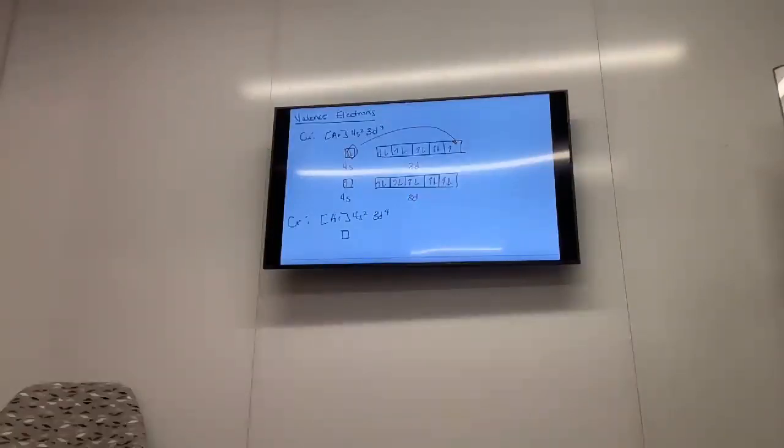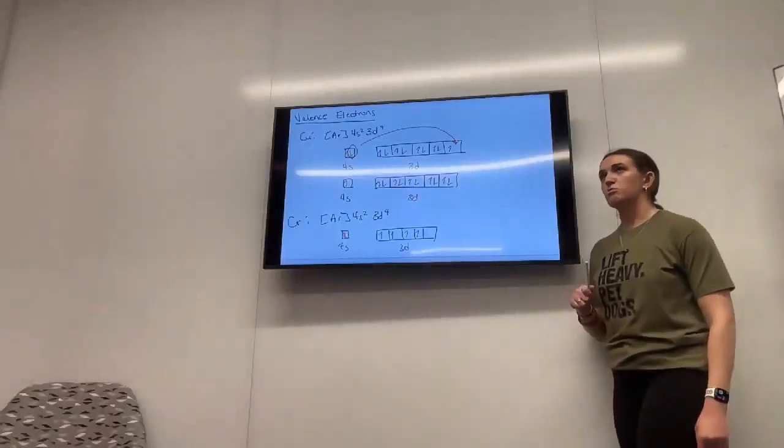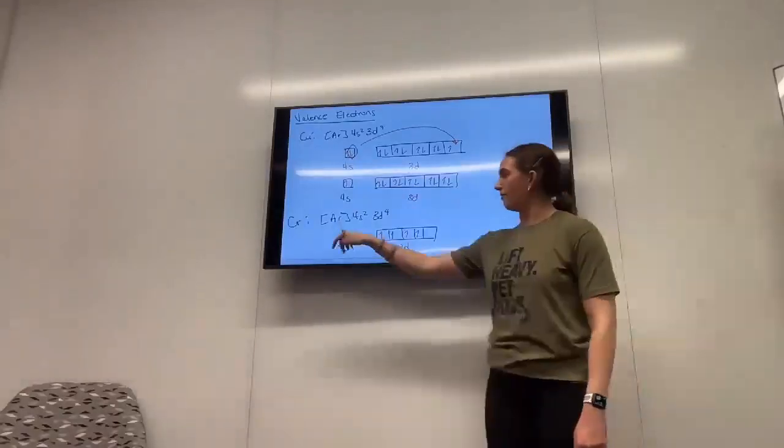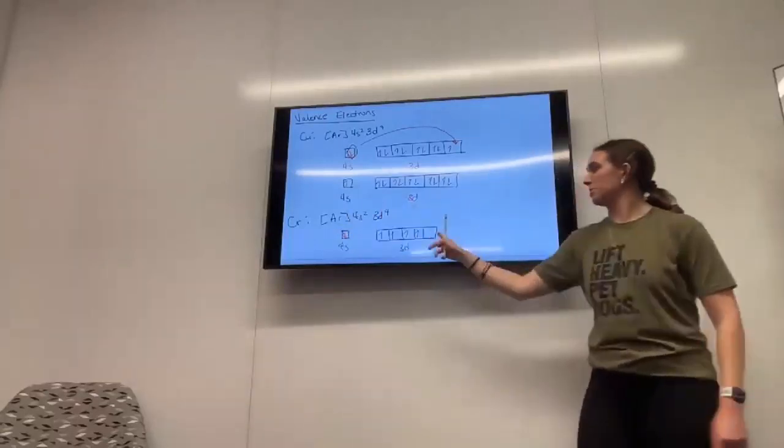So if we were to write this orbital diagram, we would say that we have 2 in the 4S. And then how many in the D? 4. Are any of them going to be paired? Nope. Okay, so you have 4 electrons unpaired. So now it's going to be more energetically favorable to have this paired electron hop up to be unpaired.